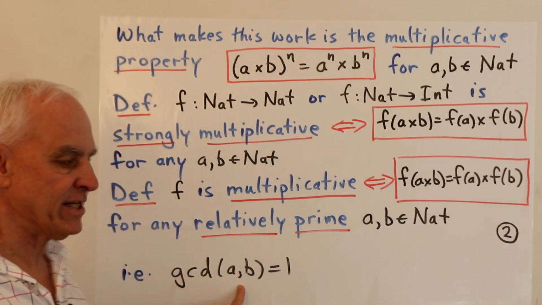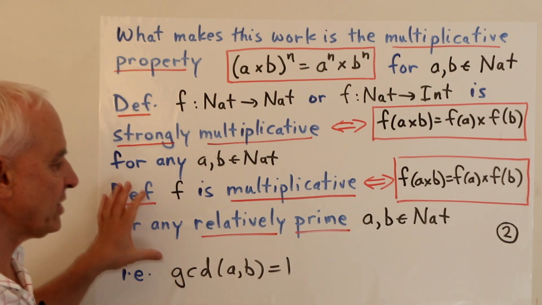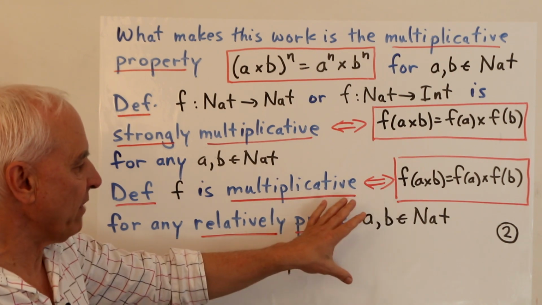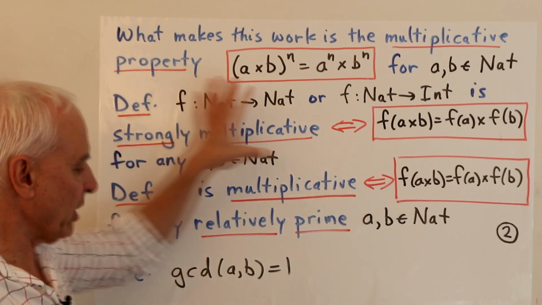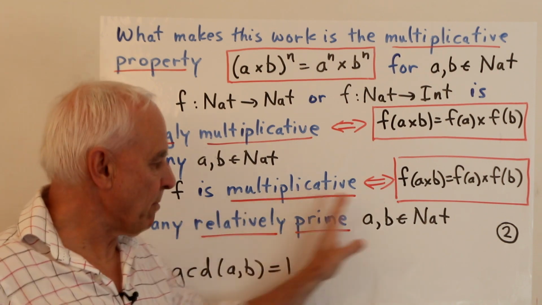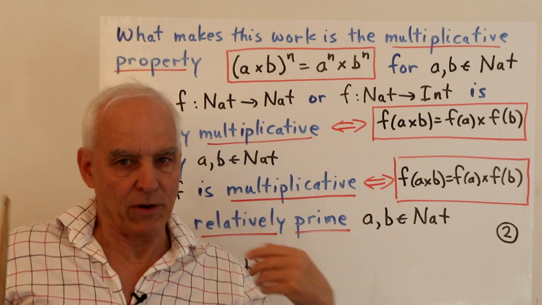Notice that their GCD, or greatest common divisor, is 1. So this is a weaker condition. That means there's going to be more of these multiplicative functions than there are strongly multiplicative functions. It will turn out that just multiplicative functions are enough for us to make this story work.